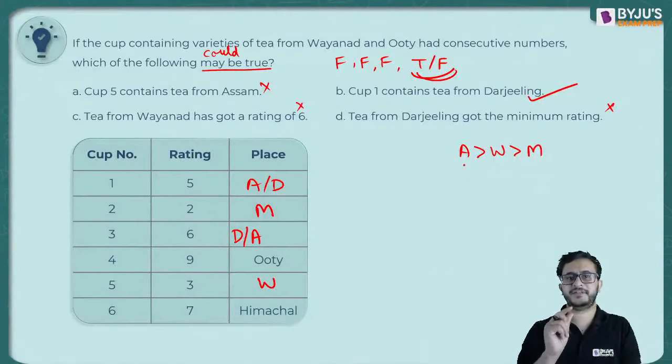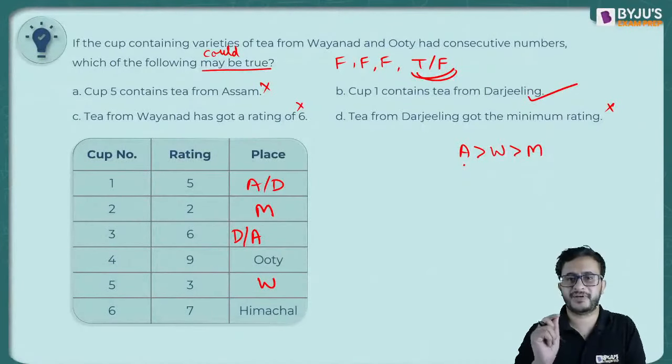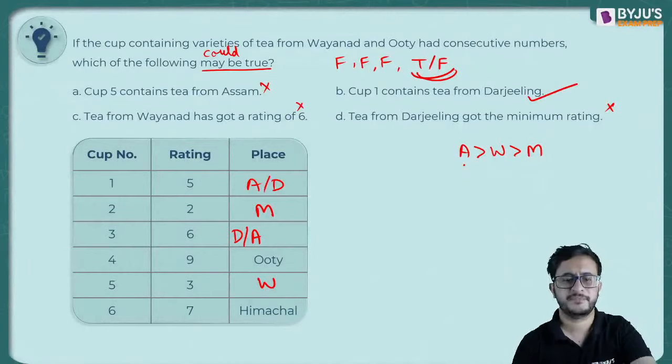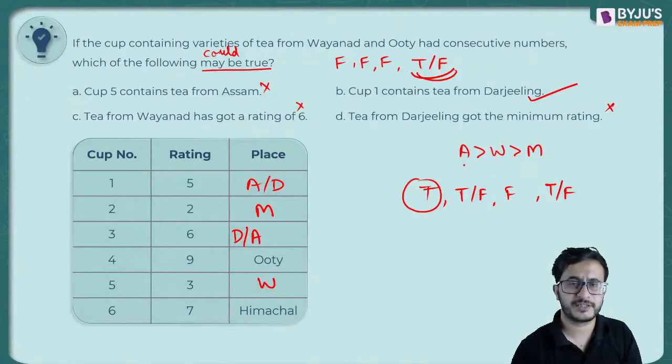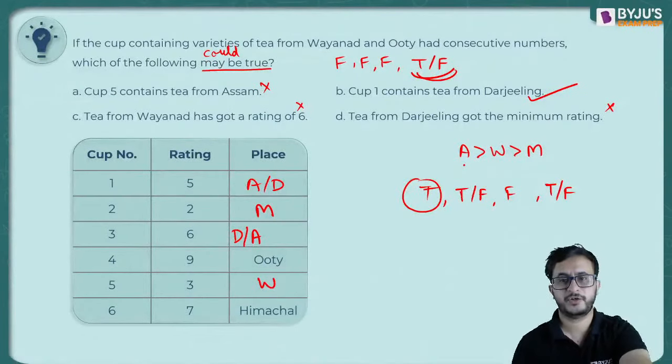If a question says which of the following must be true, then one option will be true and the others could be true-false type or completely false. So if it is must be true, then the must-be-true option should be chosen. If the question says could be true, then it could be either true or false. So the answer is option B.